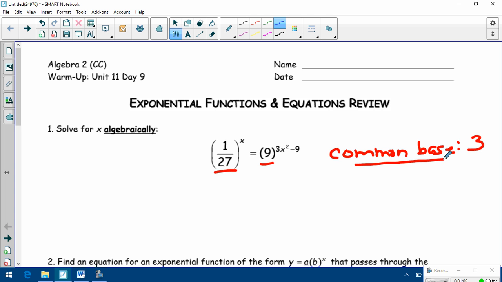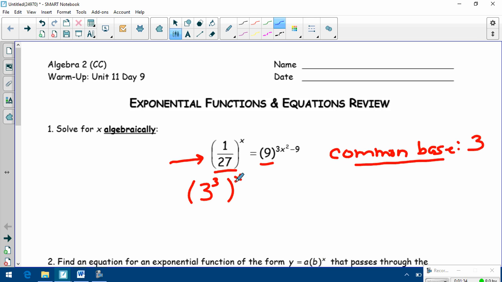And that means I can rewrite both of these sides as 3 to some power. Remember, I'm not changing the values, I'm just rewriting. So what I told you to do was when you see a fraction, what does that mean? Negative exponents. So 27 and 9. 27 is 3 to what power? 3 to the third.